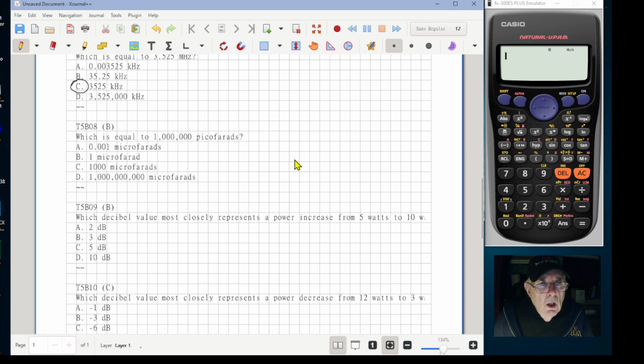Okay. Which is equal to 1 million picofarads? Picofarads is times 10 to the negative 12th. Because nanofarads is to the 9th.